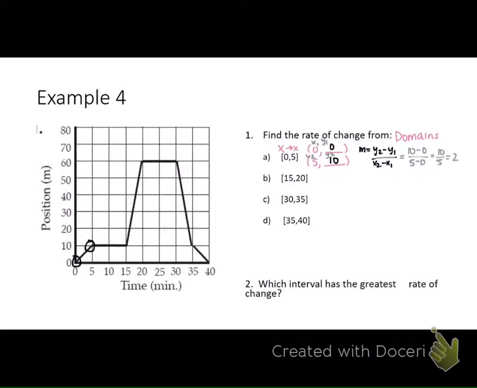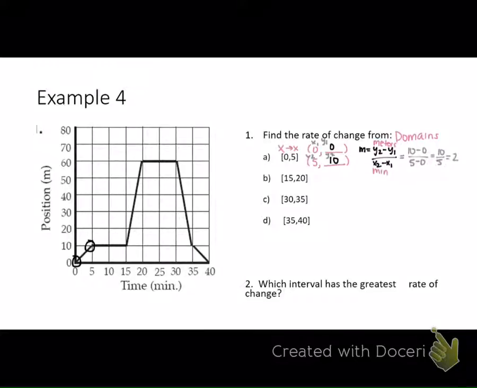But there are units on this. What does the y represent? Position in meters, it looks like. So these are the meters. And what does the x represent? Minutes. So that's 2 meters per minute.